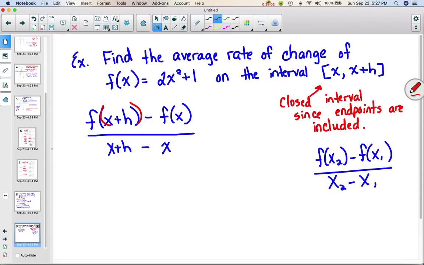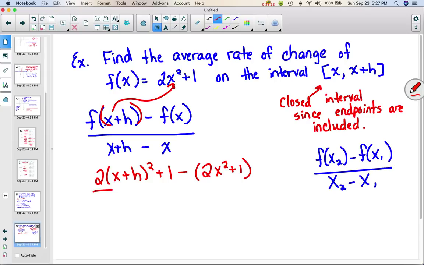Now, that means we plug this x plus h in here. So we're going to have 2, replace the x with an x plus h, quantity squared, still plus 1, minus f of x. And so I'm going to recopy this. You're going to need to use parentheses there. All over x plus h minus x.